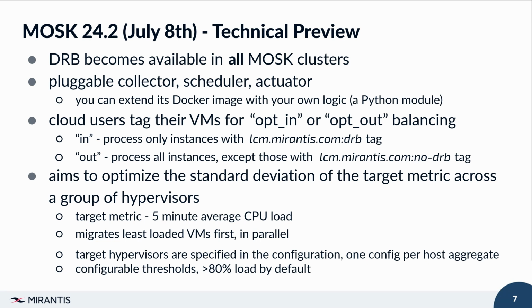The default threshold, basically the limit which, once hit by the target metric, triggers live migration of instances, is 80%. So if the DRB sees that a certain hypervisor is running more than 80% load, it will look into this and try to move things around to make it less loaded.